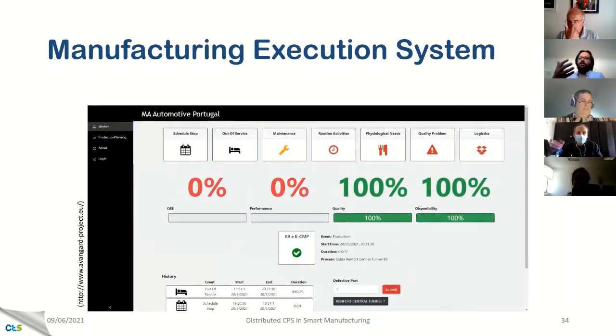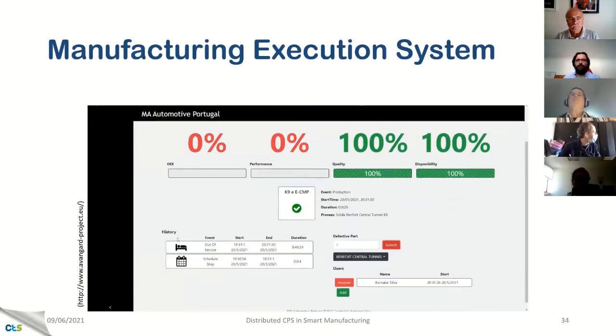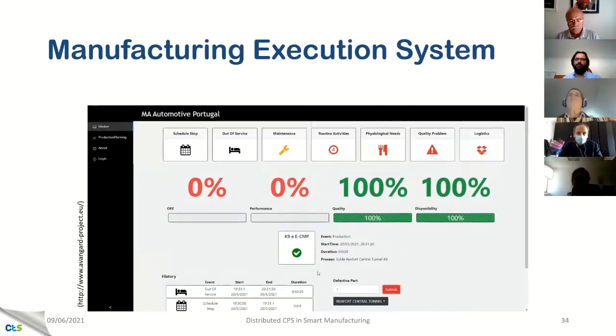And this data will be pre-processed and stored at the cloud level in order for the entire Magneto group to optimize the production according to these KPIs and to these performance indicators. As I said, this is being deployed in the factory in Valença. The idea is to deploy in all the stations of the factory.